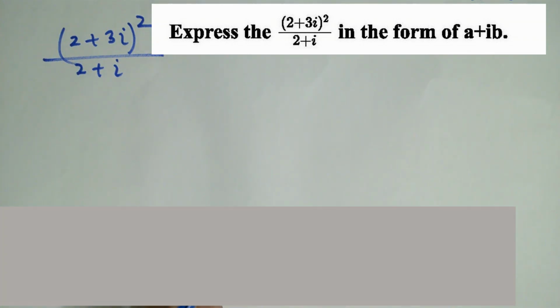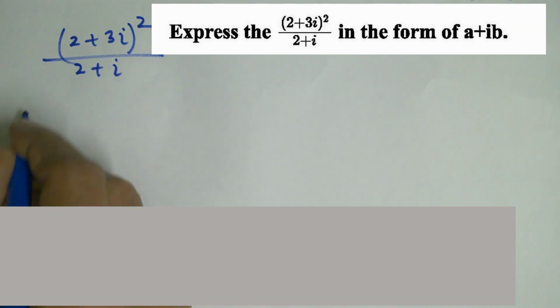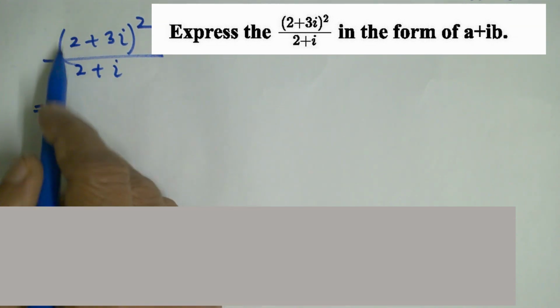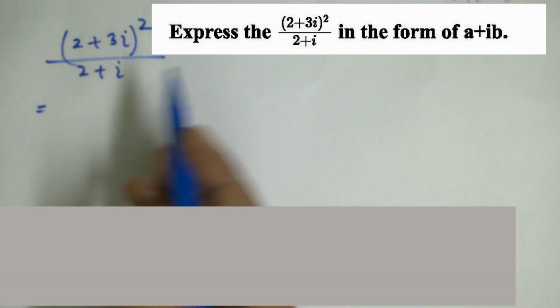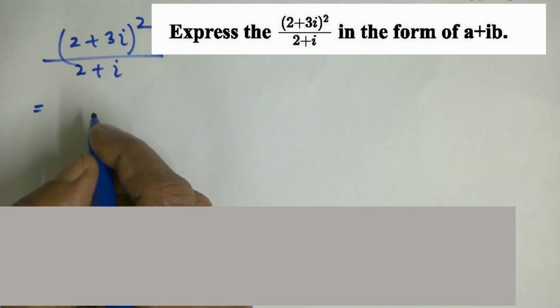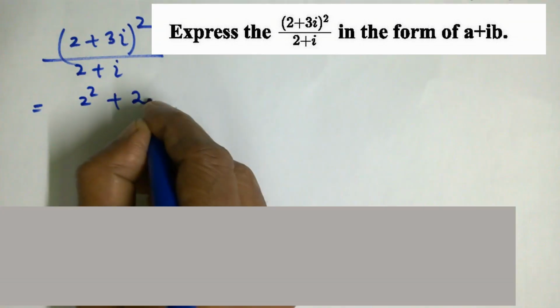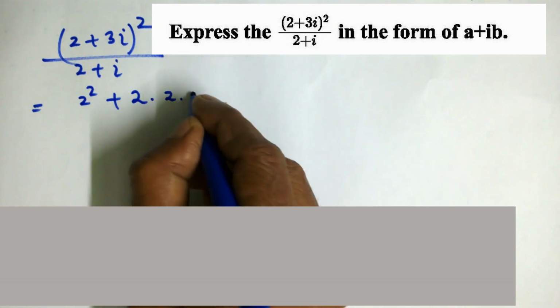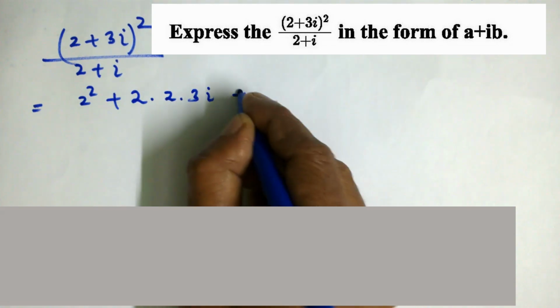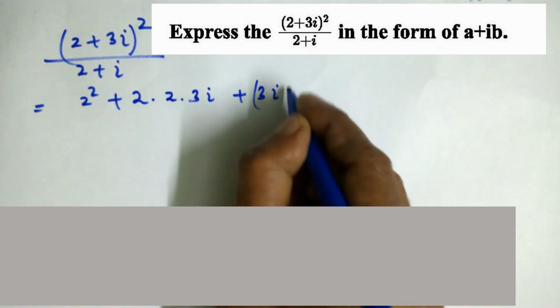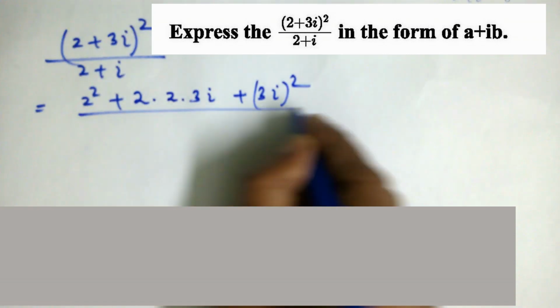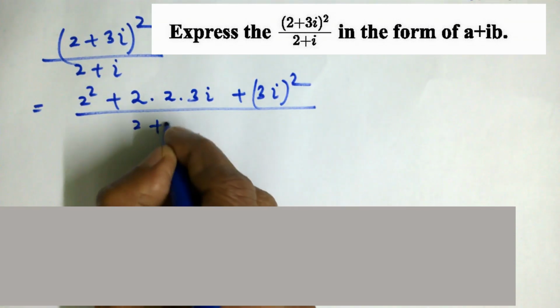First, simplify this expression. That means first expand (2 plus 3i) whole square using the (a plus b) whole square formula: 2 square plus 2 into a b, where a means 2 and b means 3i, plus (3i) whole square, upon 2 plus i.